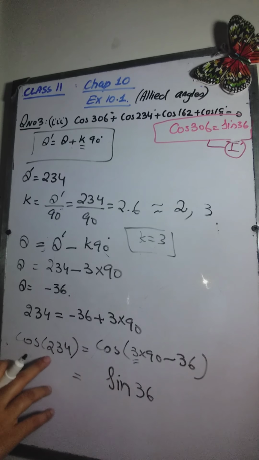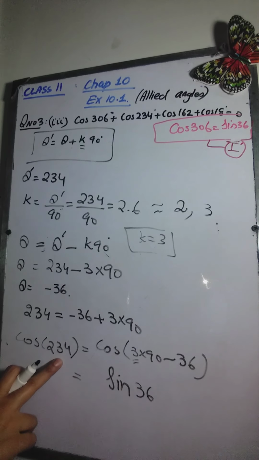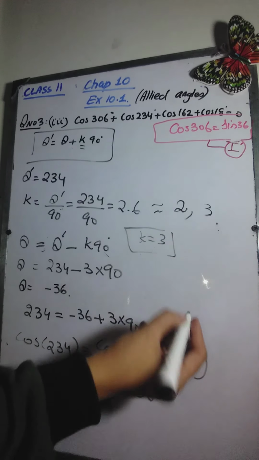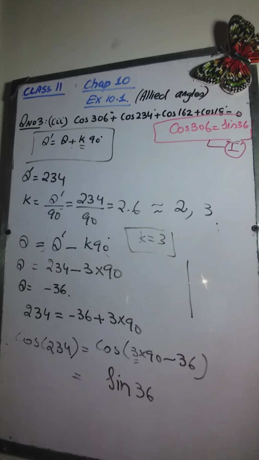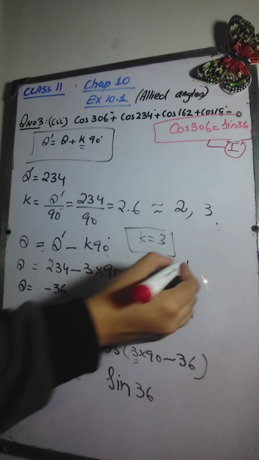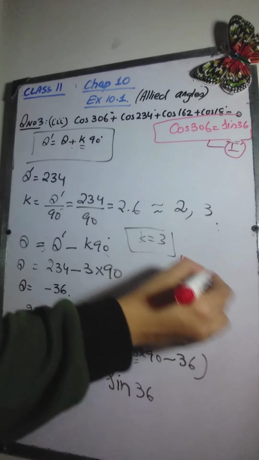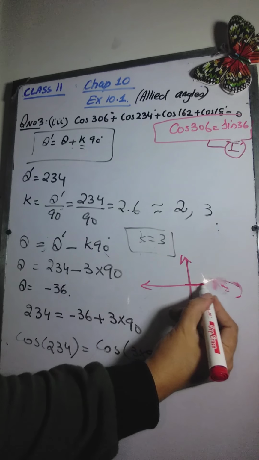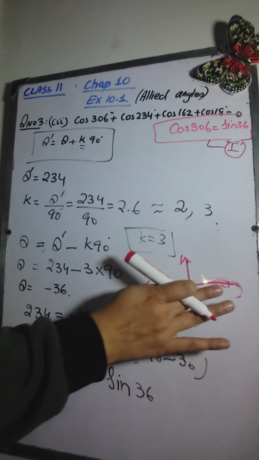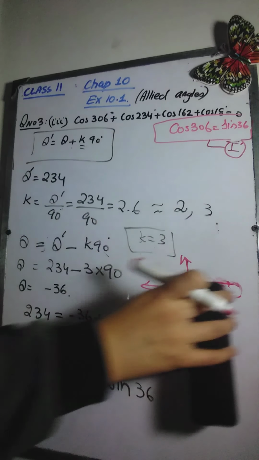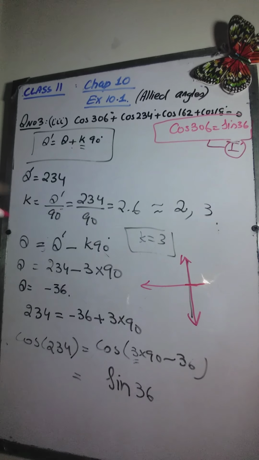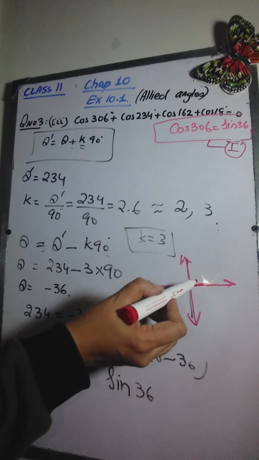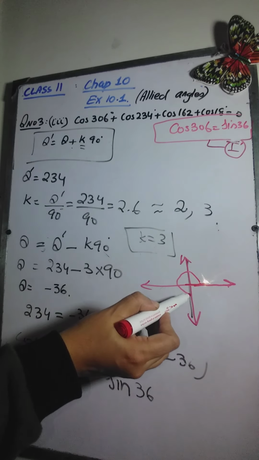And now let us determine the sine of 234. Now it is 3 times 90 minus 36. 234 is 3 times 90 minus 36. 3 times 90 means 1 time, 2 times, 3 times 90.